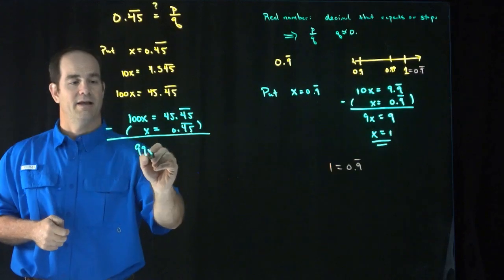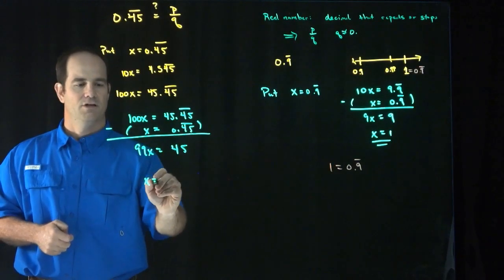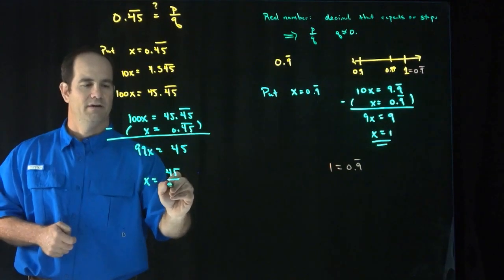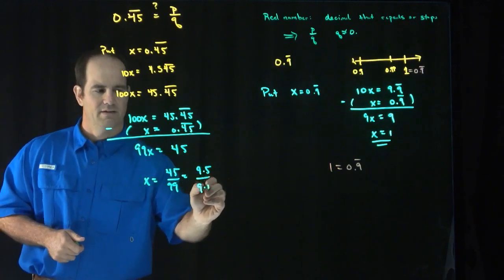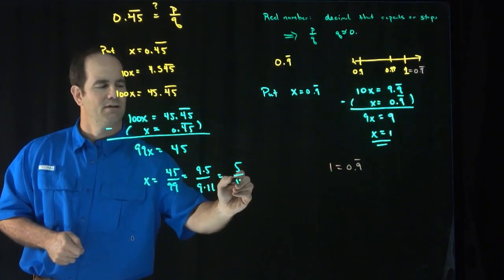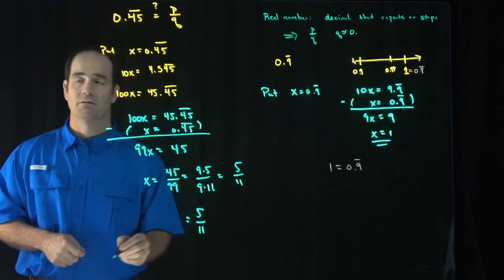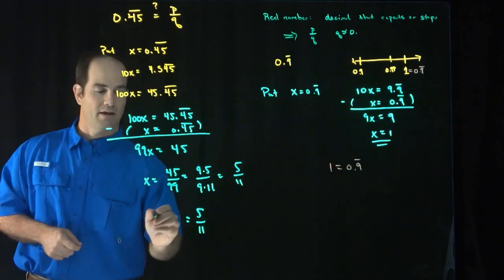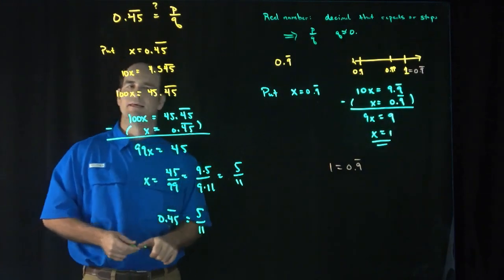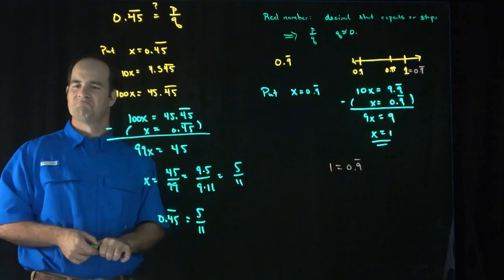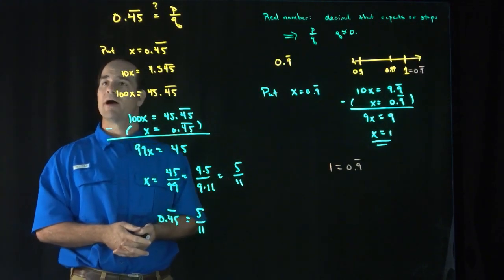I get 99x equals 45. A little division yields 45 99ths. Well, that's going to be 9 times 5 over 9 times 11. 5/11ths would be the fraction in reduced form that is equivalent to 0.45 repeating. So using these techniques, you can take a whole lot of repeating decimals and write them as fractions.